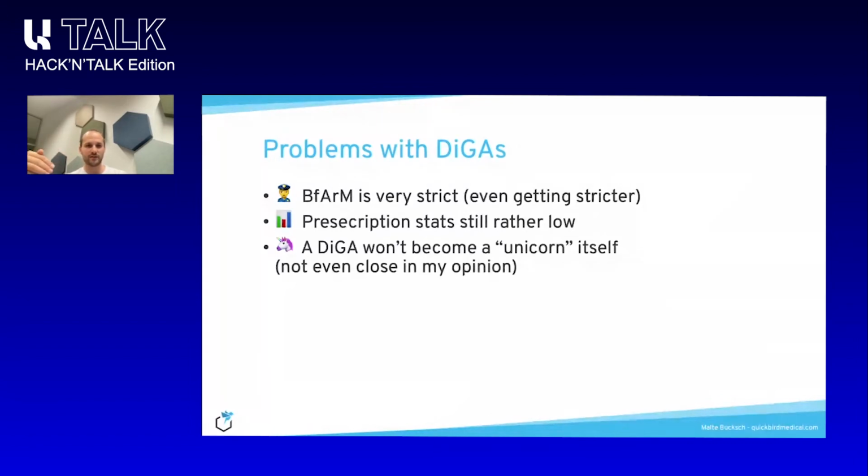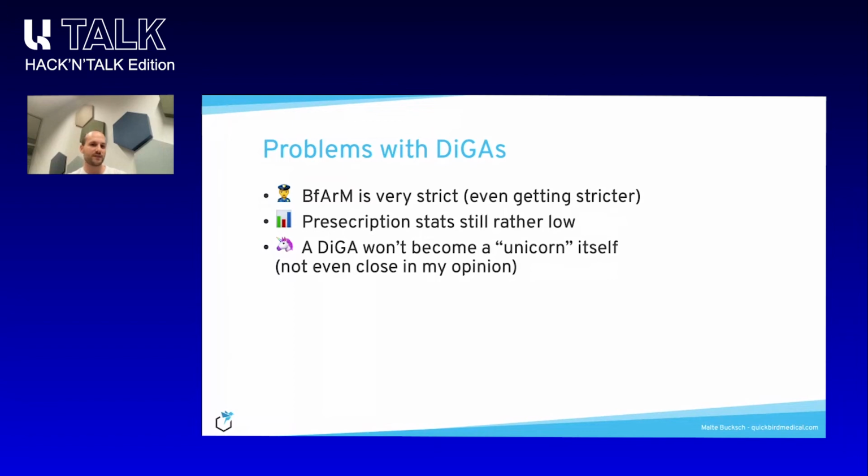And this is also my next point, about how much you earn with this. One thing that is important to mention is it's almost impossible to become a unicorn just with a DiGA, because the market is just too limited. In general, you will need to address different markets next to Germany, and only the DiGA financing model will not give you enough money to build a huge company that scales like crazy.